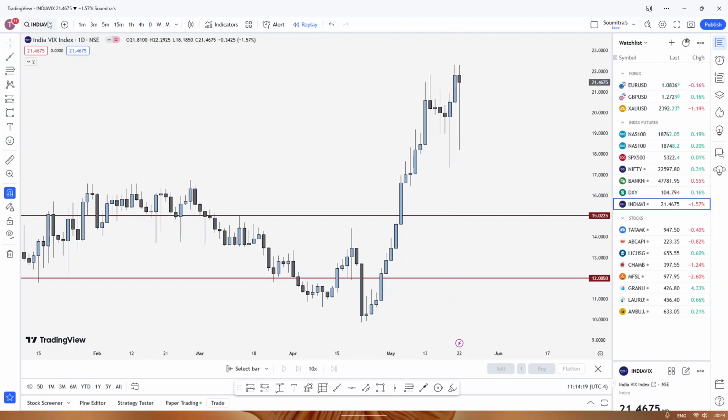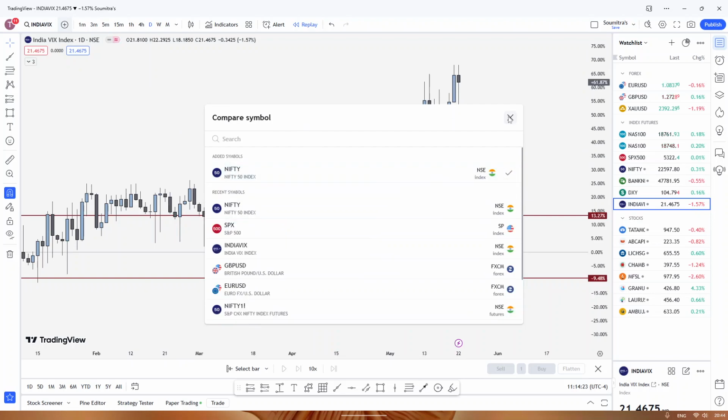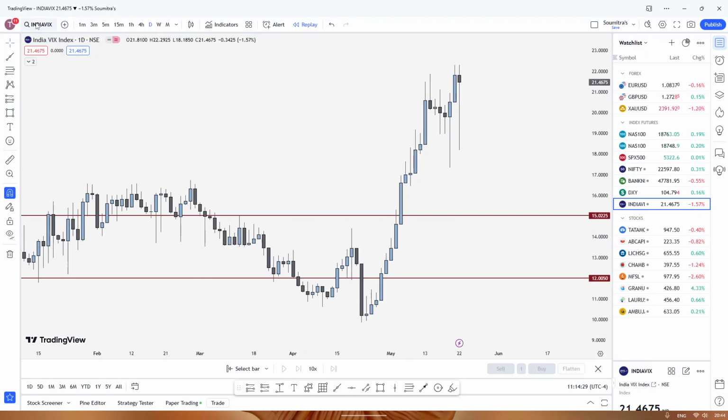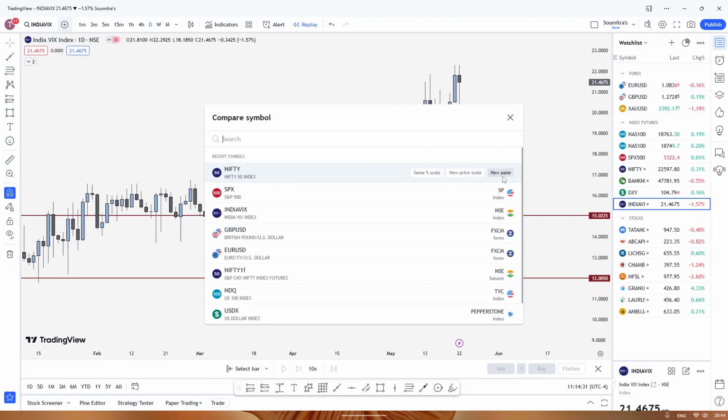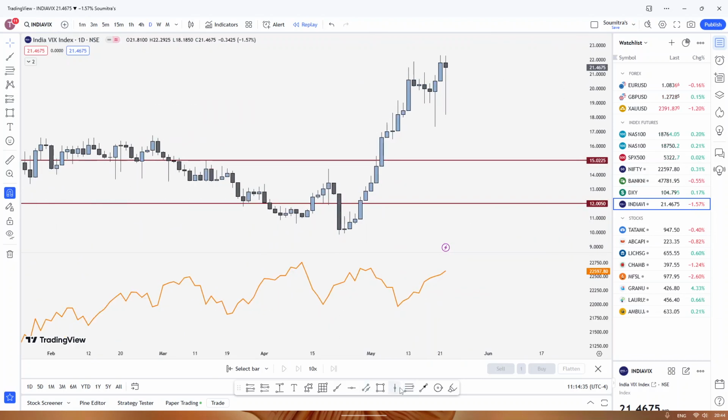If you want to check this, just compare it with Nifty here, just plot Nifty for comparison. Maybe you give it a new pin here. So what do you see here? Just use this portion of the chart.